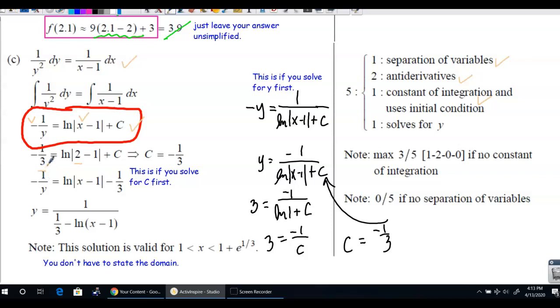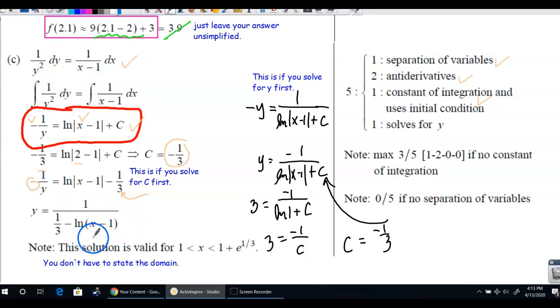And then they went on from there to get a c value of negative 1/3, because 2 minus 1 is 1, and the ln of 1 is equal to 0. So c is negative 1/3, and they substitute it back in here. And then you get y by itself, basically by dividing both sides by 1 and flipping the fraction.